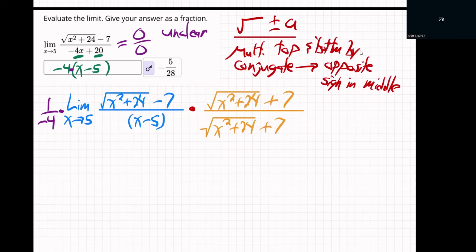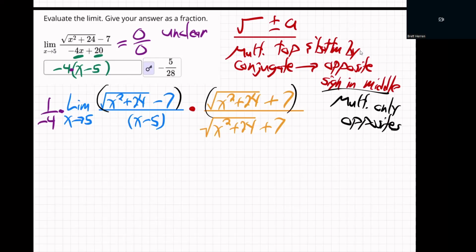Now, let me write one more note here. Multiply only the opposites. In other words, put parentheses here. So I'm going to multiply the top. So let me bring this down.